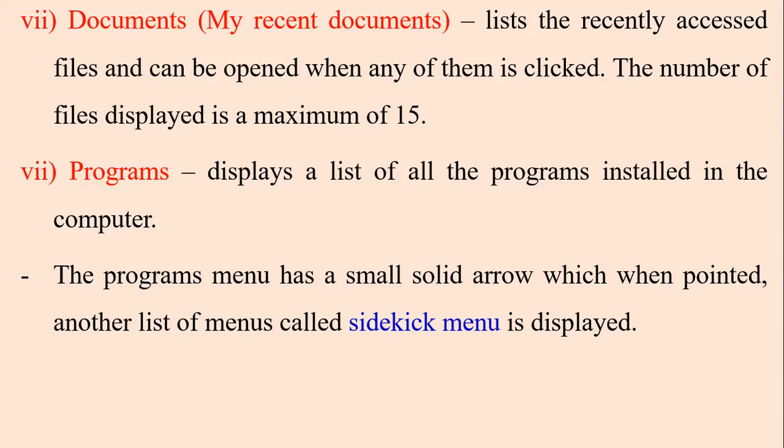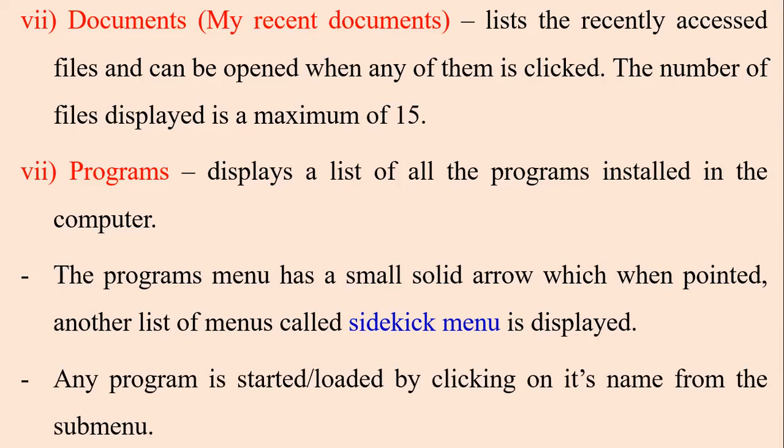And when you point on that solid arrow, that other list, which we are calling the sidekick menu, will be displayed. Any program is started or loaded by clicking on its name directly from the submenu or directly from the start menu.